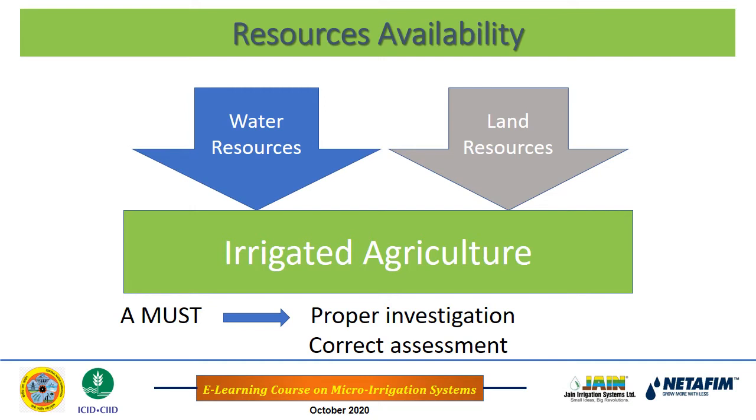And we must understand that a proper investigation of the resources, be it land resource or water resource, is exceptionally essential, and that only can lead to the right kind of planning and the right kind of success and achievements as far as irrigation planning is concerned.